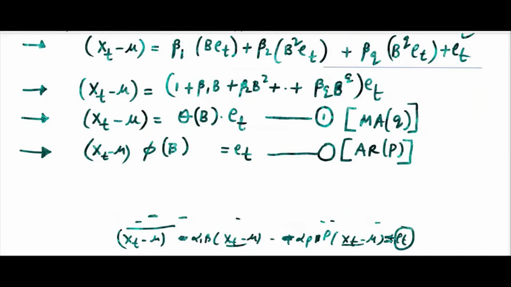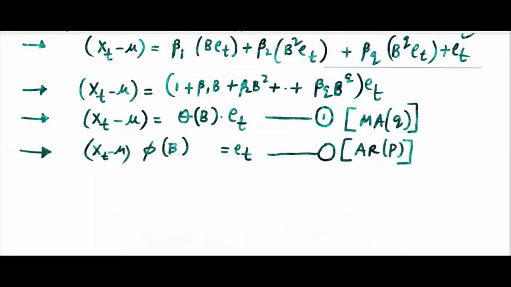Now we'll consider the general process, which is ARMA(p,q). How do you need to write the ARMA(p,q) process?